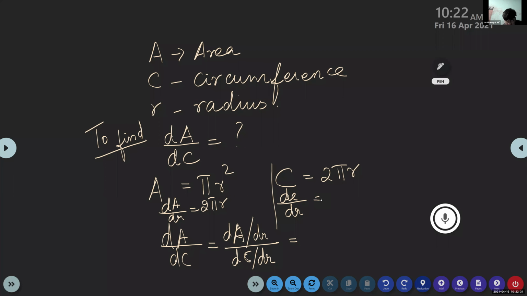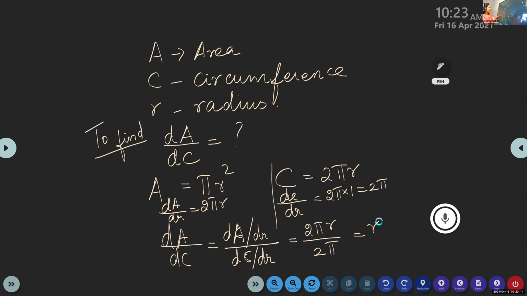C is 2 pi r, so when you differentiate with respect to r, 2 pi into 1, it will be 2 pi. So what is dA by dC? It is 2 pi r by 2 pi, which is equal to r.